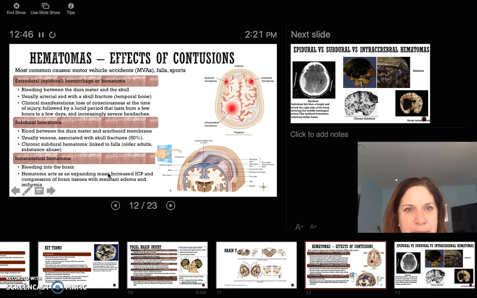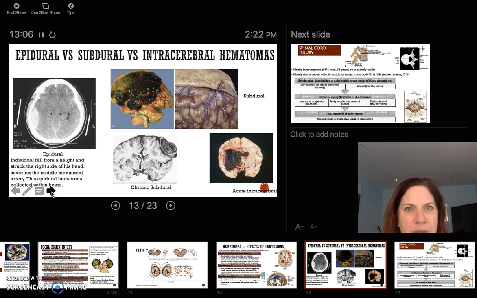These bleeds, depending on how large they are, will cause increased intracranial pressure, which will decrease your cerebral perfusion pressure, so the amount of blood getting to your brain. So here are some pictures of subdural hematomas.